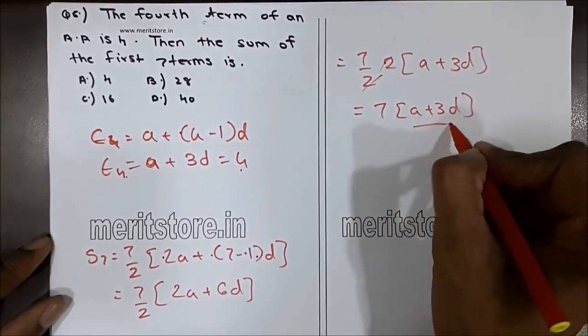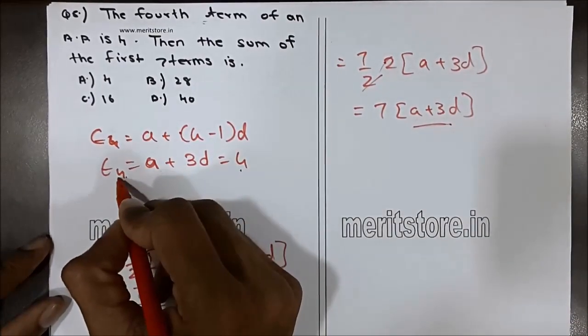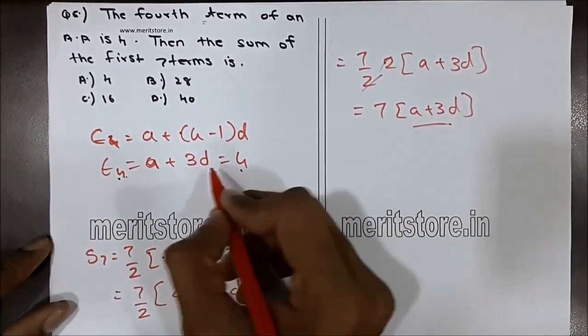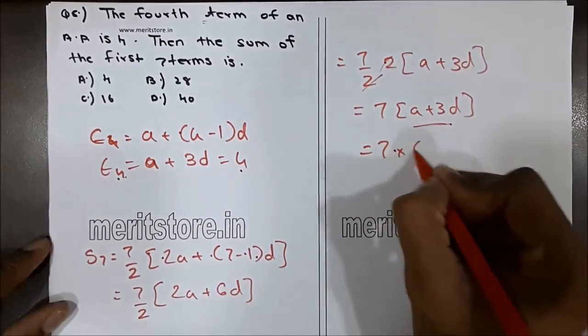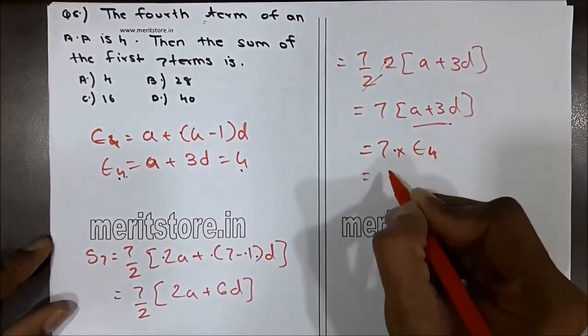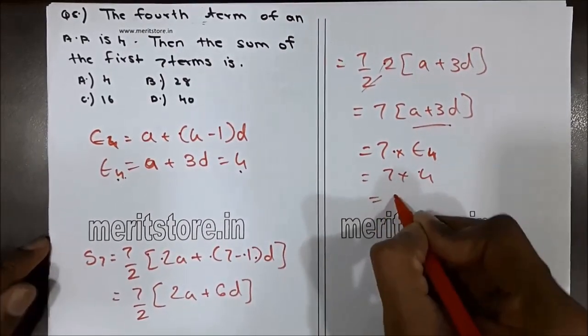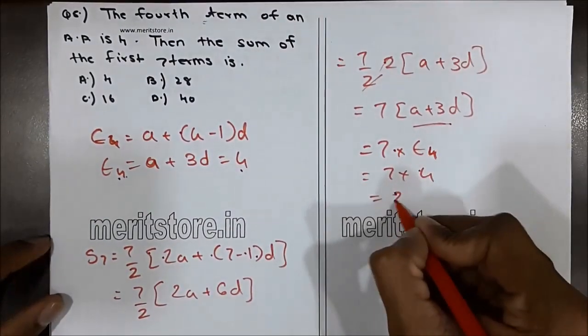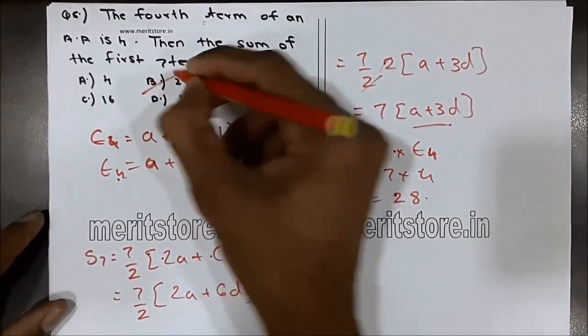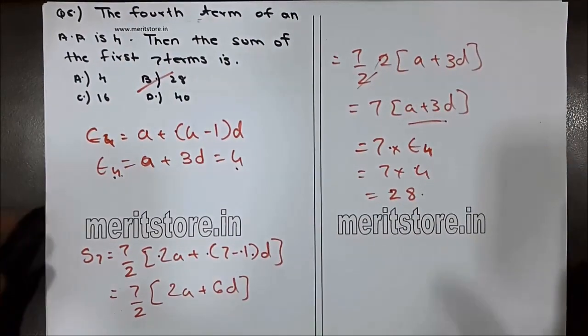A plus 3D is nothing but the fourth term, that is equal to 4. So therefore we substitute 7 into T4, the value of T4 is 4, which is equal to 28, which is our option B. Therefore, option B is the correct answer.